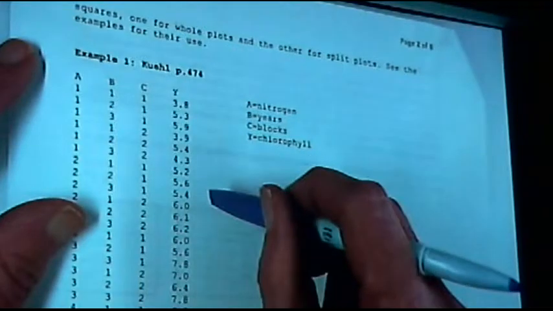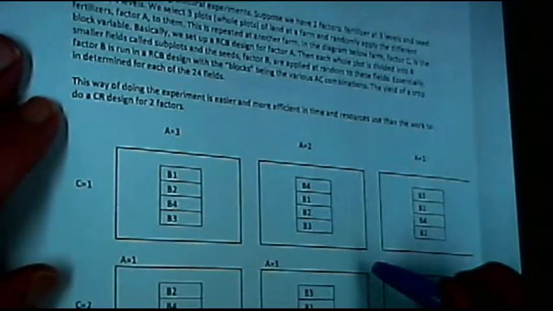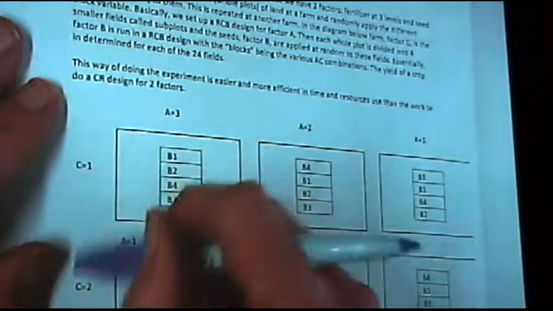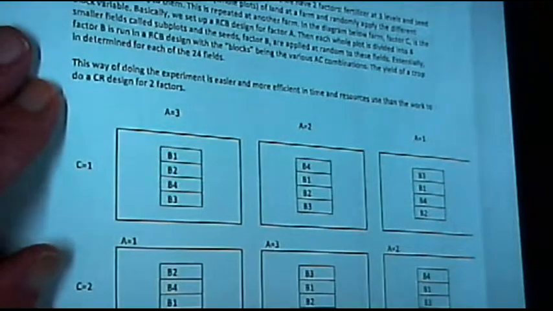Now, if I try to look at this example and compare it to what we had on the previous page, block or farm over here on the left is good. C equal 1, C equal 2. What else do we have in this example?